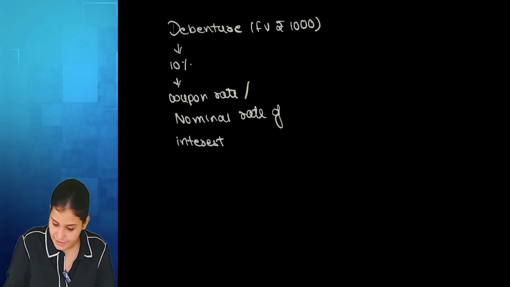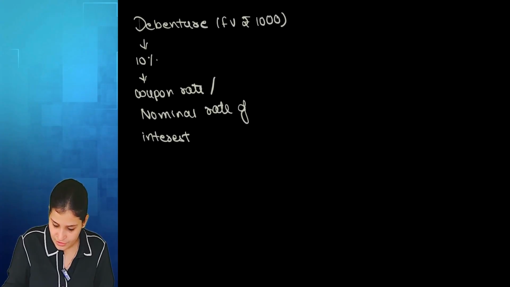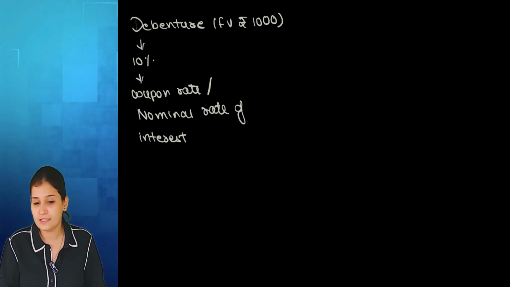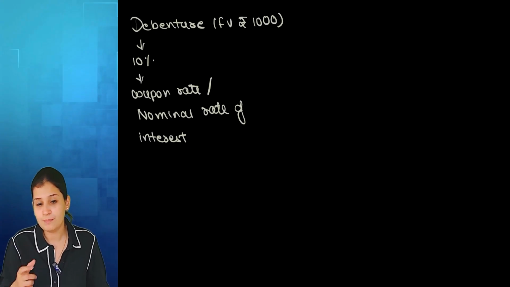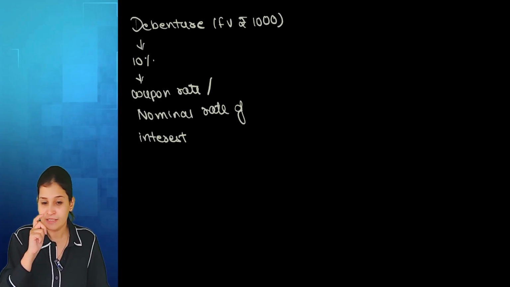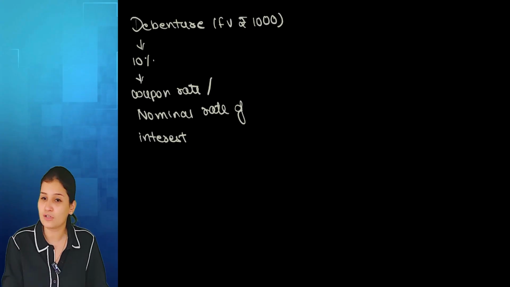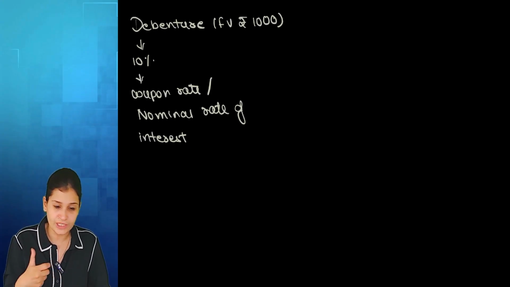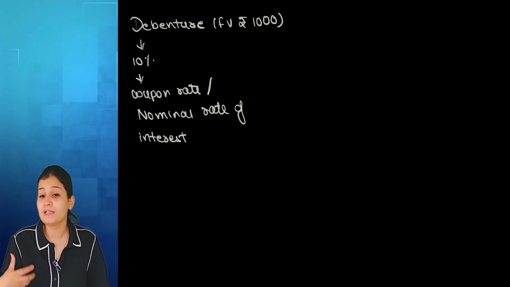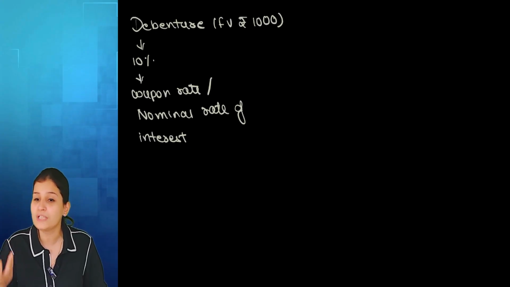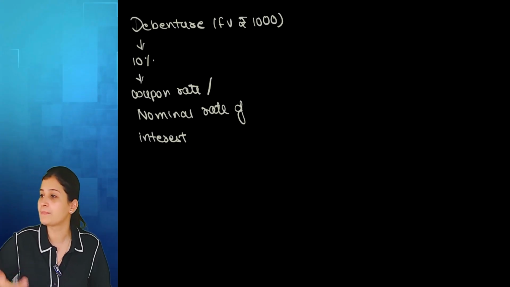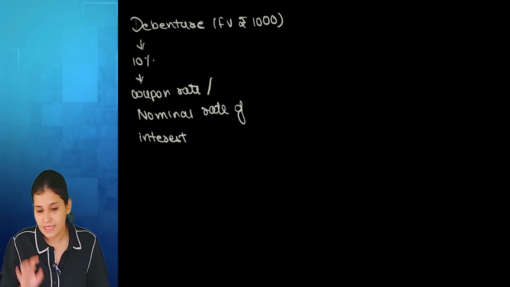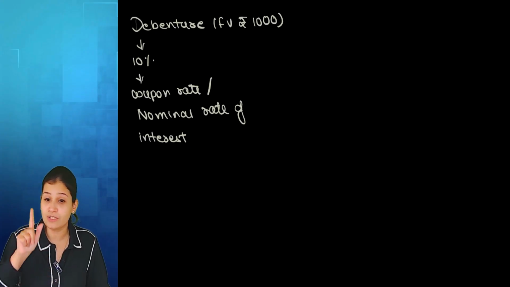What is the coupon rate? Here the company wants to take a loan from the public, and in return for that loan, the company issues debentures to the public. The face value for the company we are talking about is 1000 rupees, and the company is issuing a coupon rate of 10%. That means the company will pay interest of 10% to the public for using the public's money for their own benefit, and that 10% will be calculated on the face value.